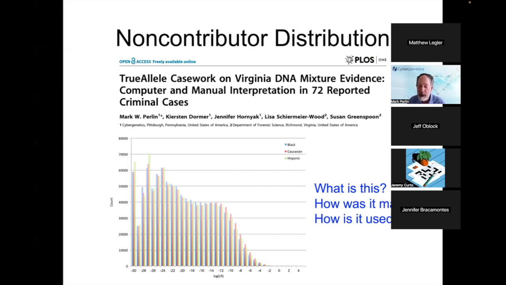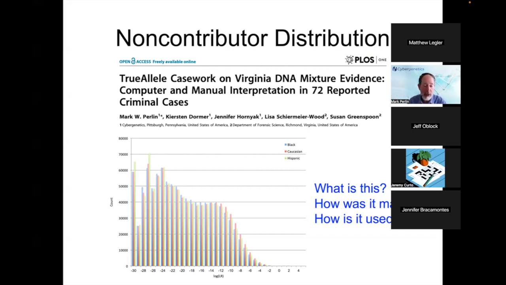How is it made? About 100 casework genotypes were compared with 10,000 randomly selected profiles from each of three different populations in order to calculate 1,000,000 match statistics times three and collate them.